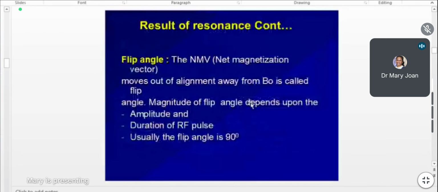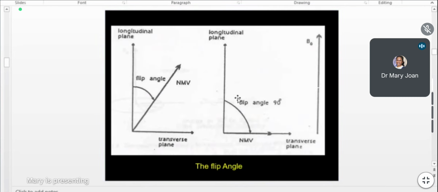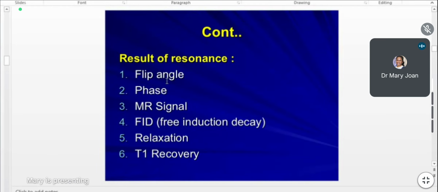See, different things happen. This is the longitudinal plane. This is the transverse plane. When the magnetic field B0 is applied, consider the net magnetization vector of each of these nuclei.